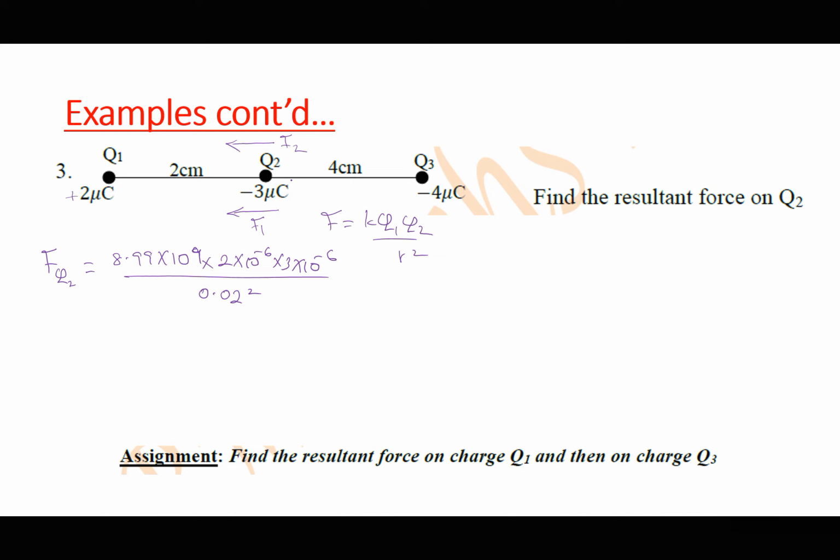Plus the second force is in the same direction, so I just add 8.99 times 10 power 9 times the product of the charges, which would be 3 times 10 power negative 6 times 4 times 10 power negative 6, divided by the separation of the charges, 0.04 squared. We press the calculator.